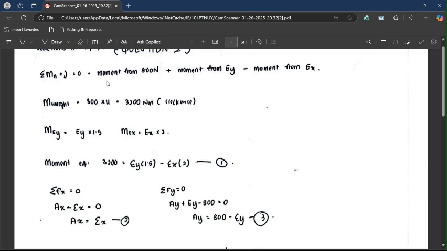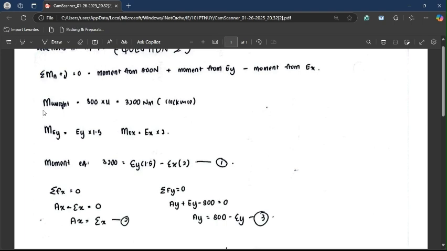For finding the reactions at A, we will sum moments about A. The moment will be ΣMA equals zero. First, the external force of 800 is at a distance of 4, creating a clockwise moment.